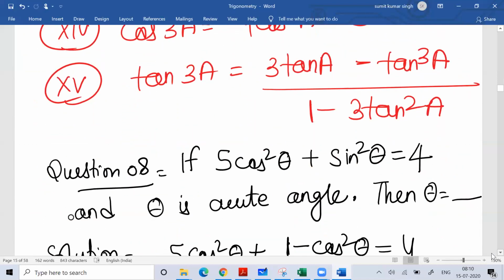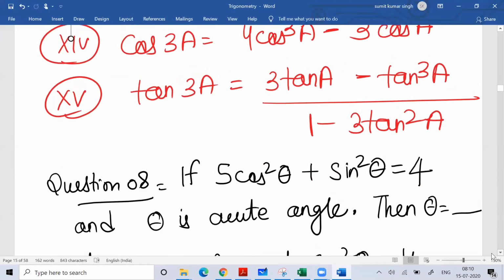So this is the question. If 5 cos square theta plus sin square theta equals 4 and theta is an acute angle, find the value of theta.